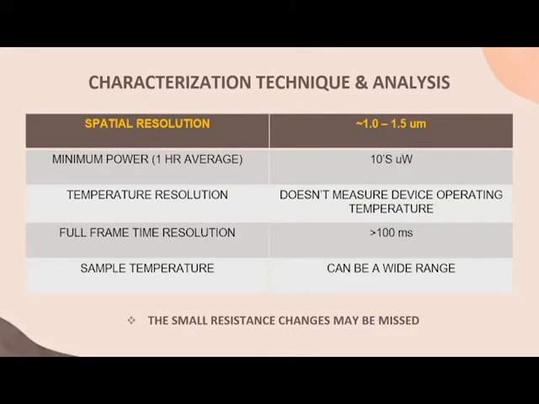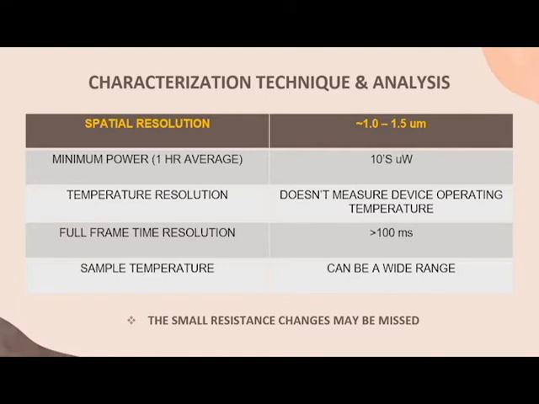The characterization, technique and analysis for optical beam induced resistance change, or OBIRCH: the spatial resolution is between 1.0 to 1.5 micrometer. The minimum power is 10 microwatt on 1 hour average. The temperature resolution does not measure device operating temperature.